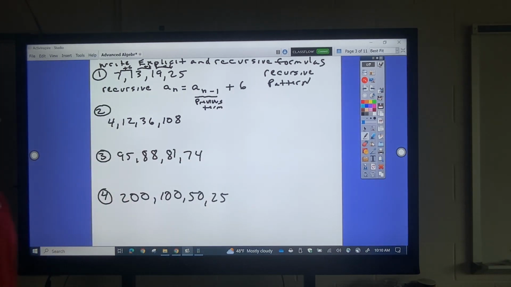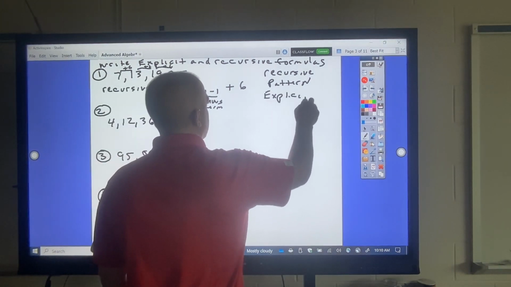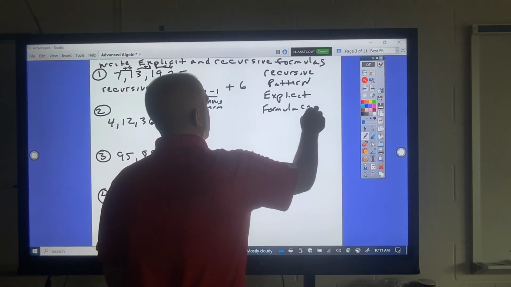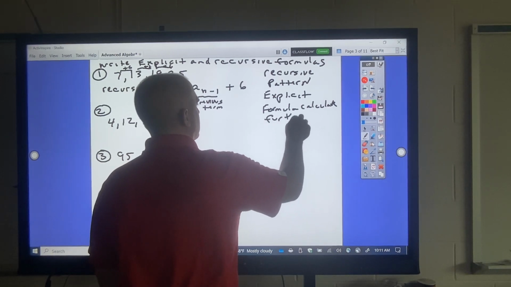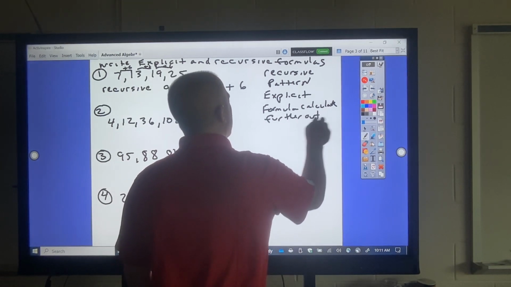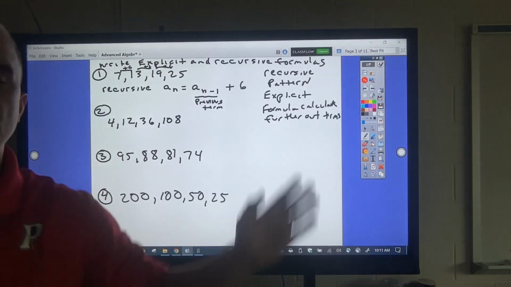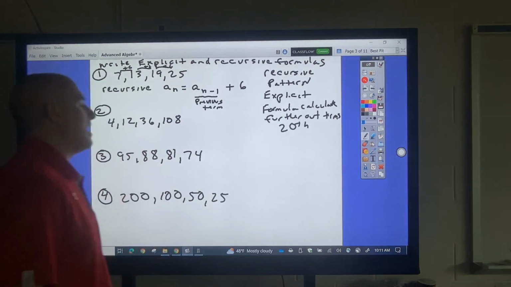What explicit formula means is a formula to calculate further out terms. You're not looking for the next 3. It's like, I want the 20th term or the 40th term, something of that nature.